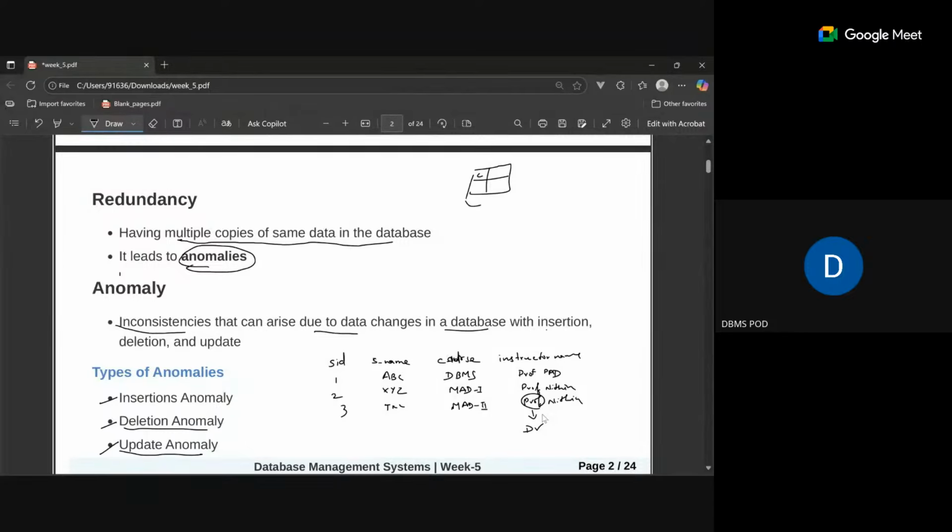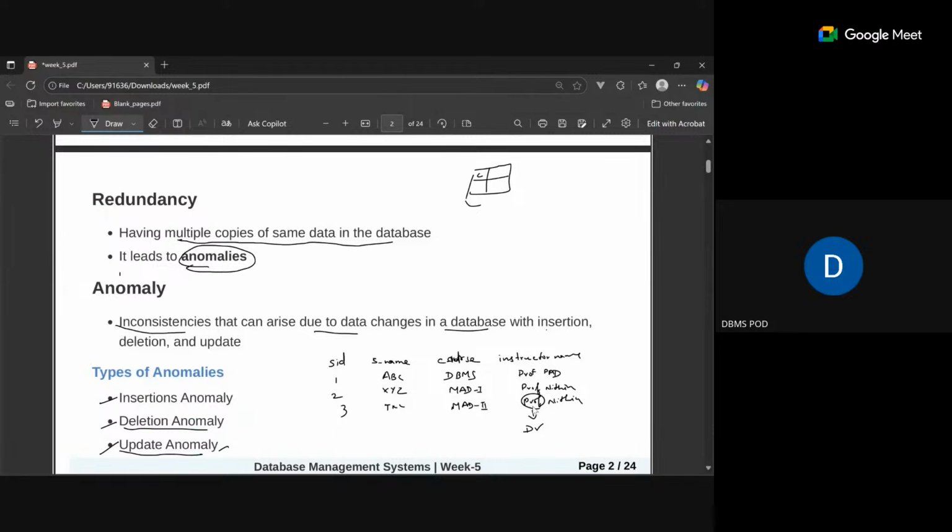That should be the ideal scenario in any application: if we change something once, it should reflect everywhere. If we store the information in this way, you need to update every row repeatedly. So this causes update inconsistency.